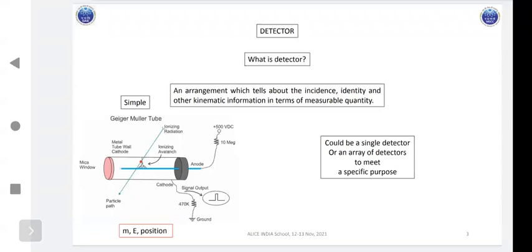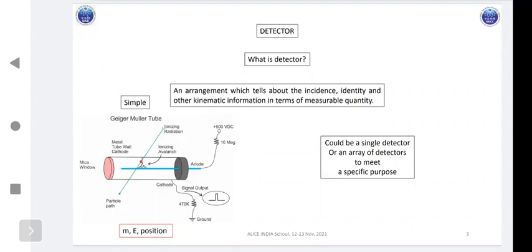This is a typical example of a Geiger-Müller counter, but let's not talk about the Geiger-Müller counter. Let me take it as a simple tube whose wall acts like an electrode, and insert a wire along the central axis. Let us assume that it is the anode.